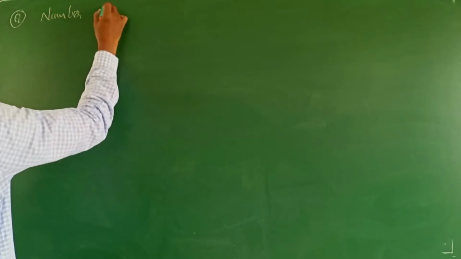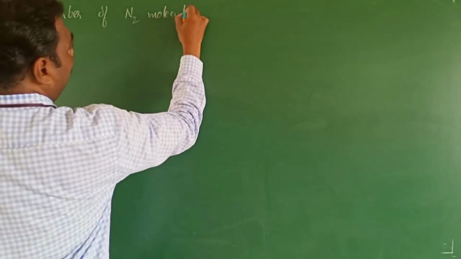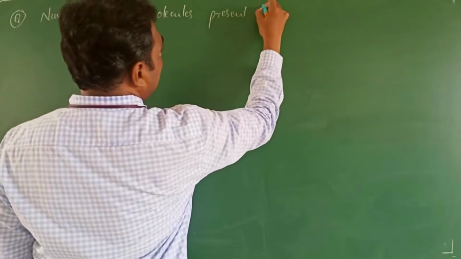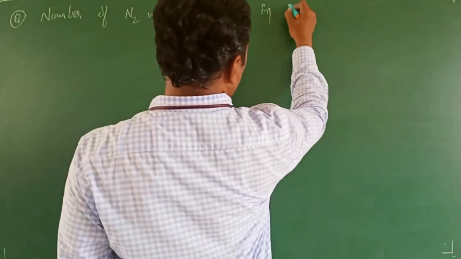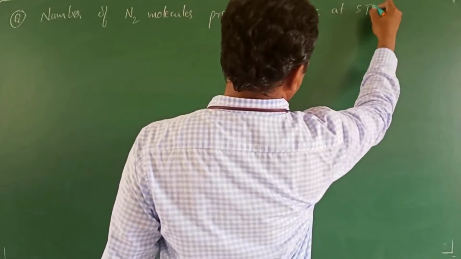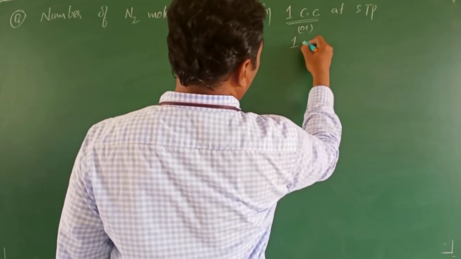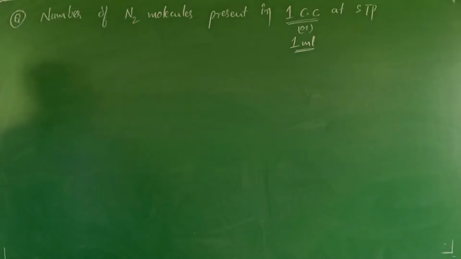Number of N2 molecules, nitrogen molecules present in 1 cc at STP. 1 cc is nothing but 1 ml. 1 ml you also call it as 1 cc, right?